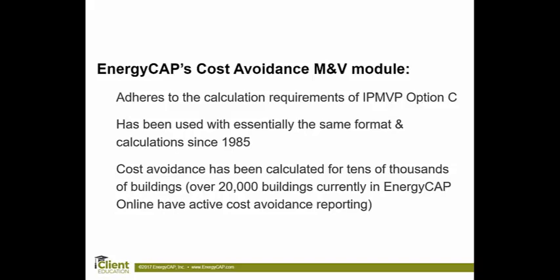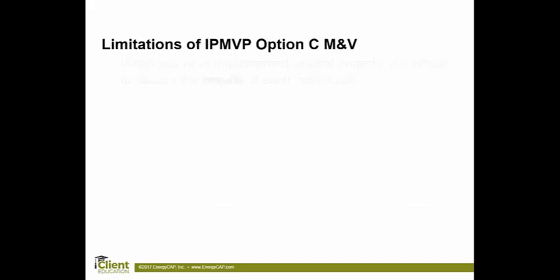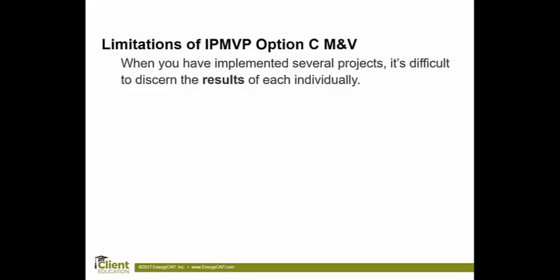Over 20,000 buildings have had cost avoidance used on them to calculate the savings attributable to energy management and energy conservation initiatives. There's some limitations that I like to highlight every time I talk about cost avoidance. First of all, if you've implemented multiple projects in a building, it's difficult to discern the results of each individually.